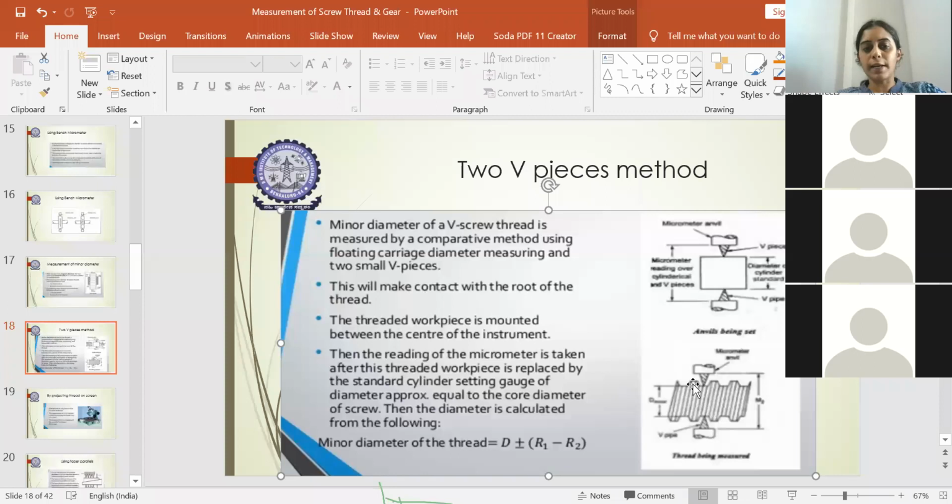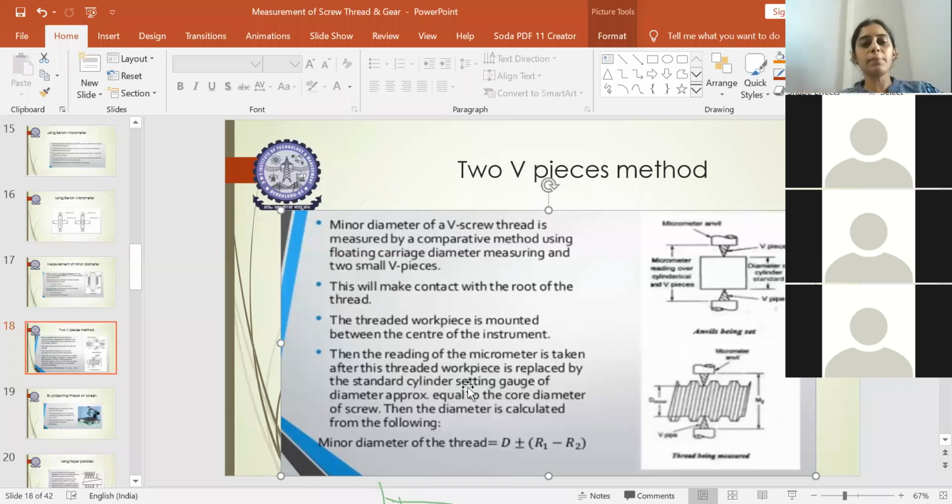The threaded workpiece is mounted between the centers of the instrument, as I have told already. Then the reading of the micrometer is taken after this threaded workpiece is replaced by the standard cylinder.